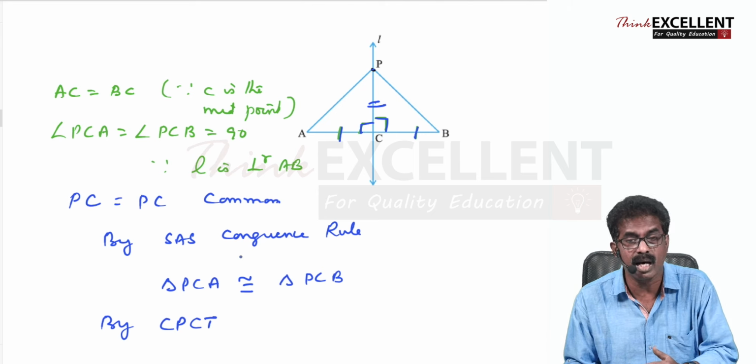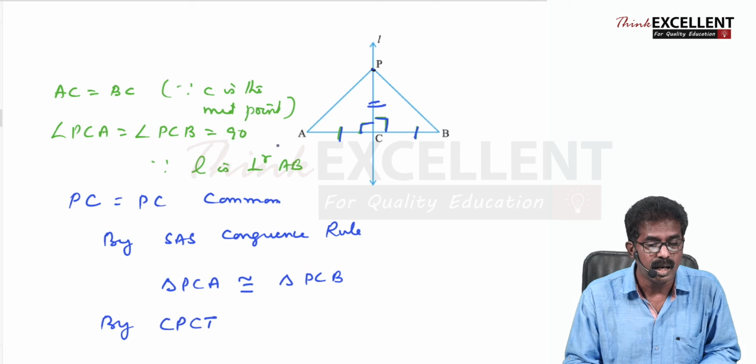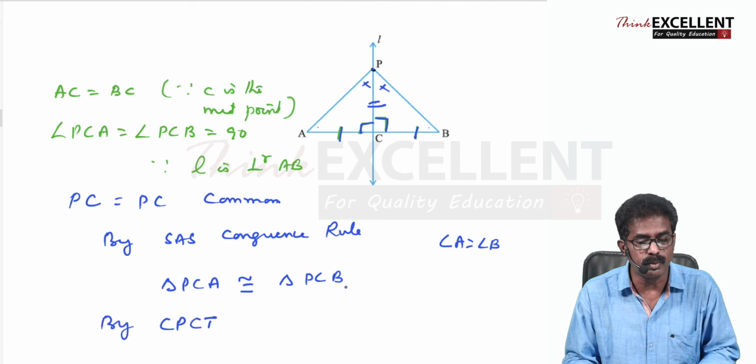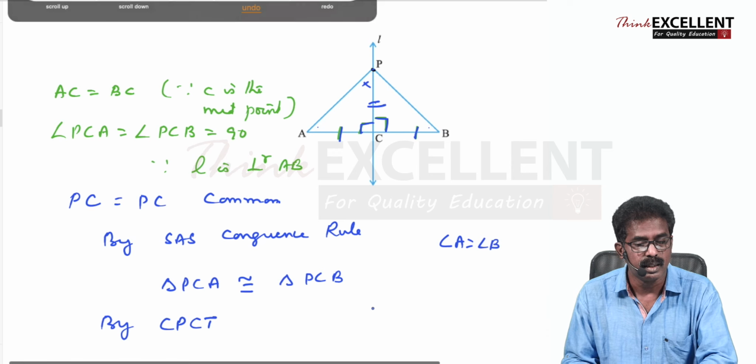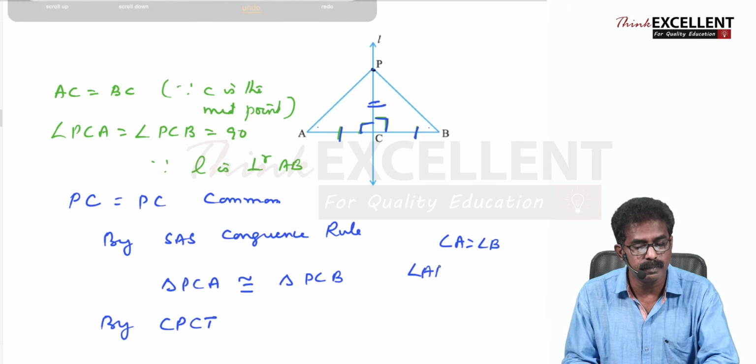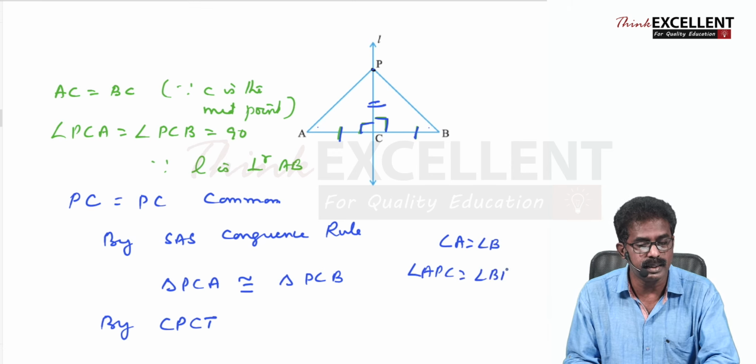So you can say the other three are equal. Which three? Angle A equal to angle B. These two angles are equal. Which angles? Angle APC equal to angle BPC.